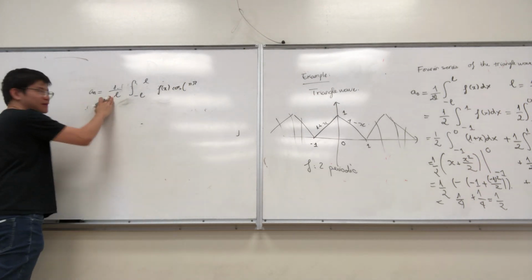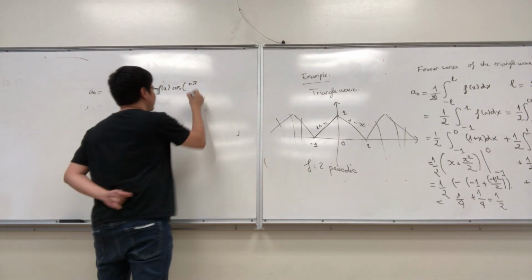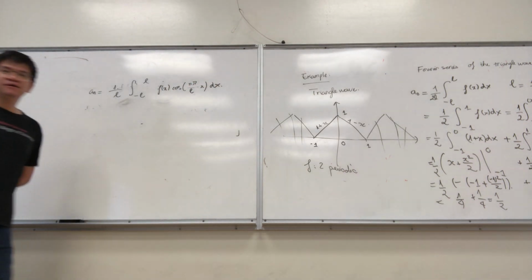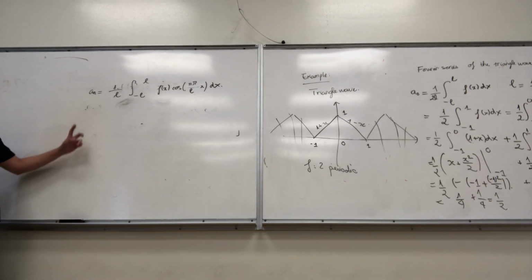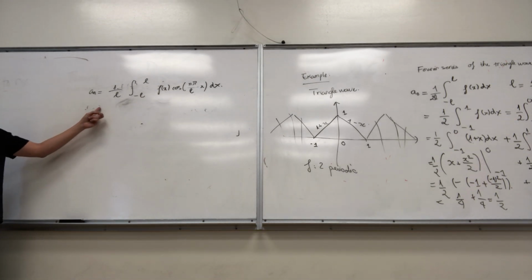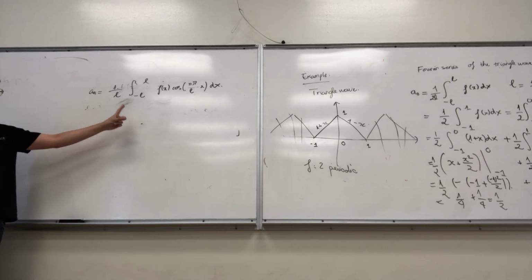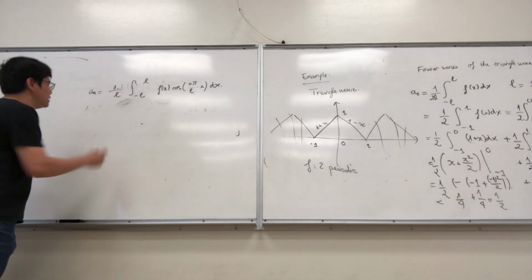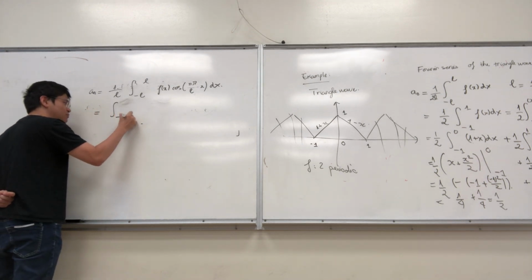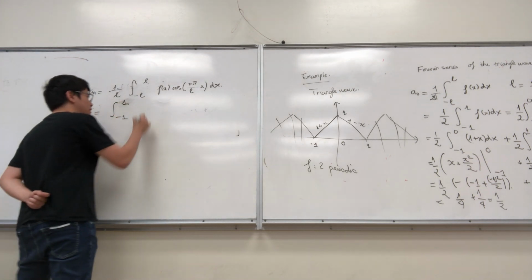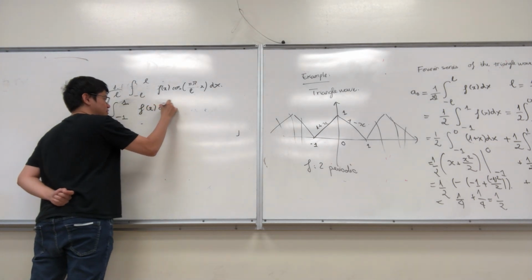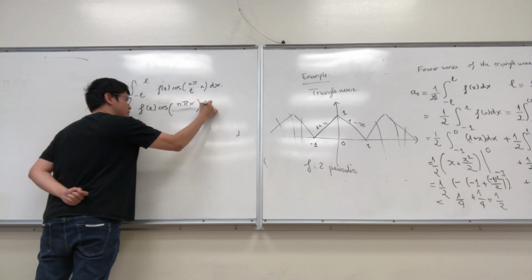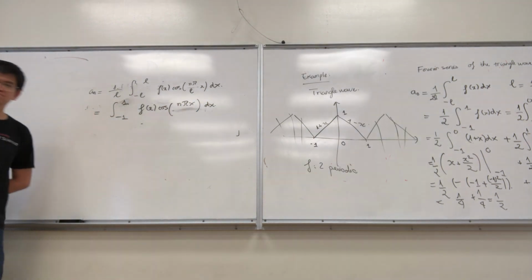Yes, thank you. So AN will be 1/L of the integral from minus L to L of f(x) cosinus n pi x over L dx, right? Now L is 1, so here I'm going to have to compute the integral from minus 1 to 1 of f(x) cosinus of n pi x dx, there's no over L, dx, right?